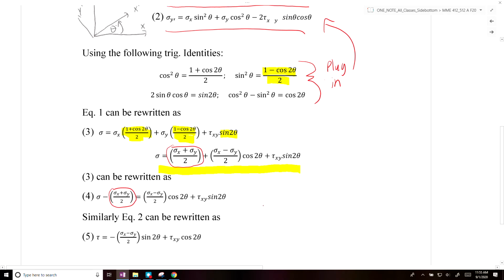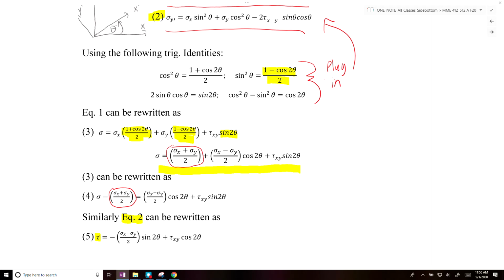We can also rearrange equation number 2 and write it as tau equal to minus the difference between the two normal stresses over 2 times sine of 2 theta, plus tau xy cosine of 2 theta. I left out the derivation, but you can use the trig identities to determine that as well.